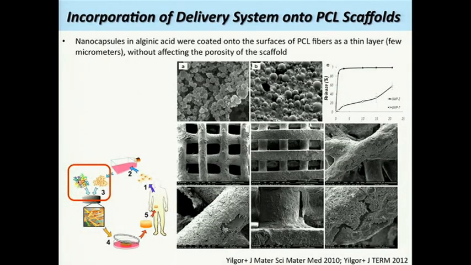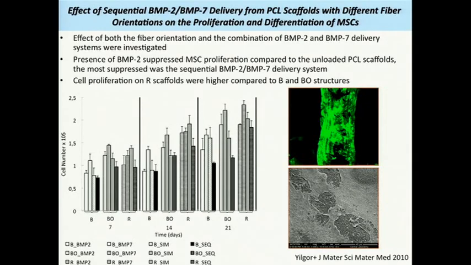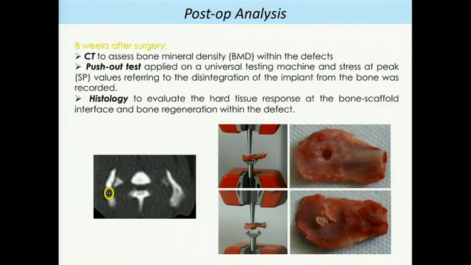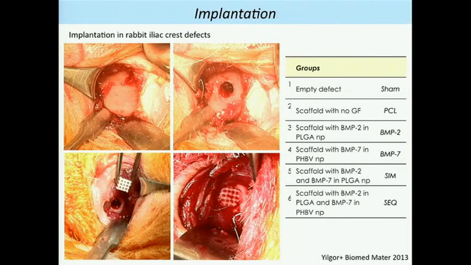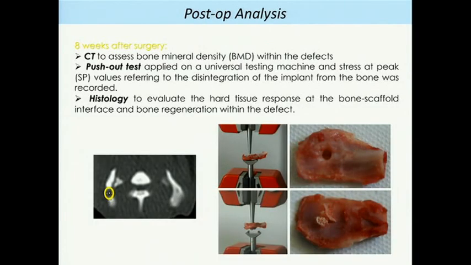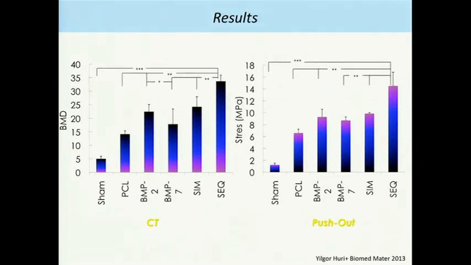We can put growth factor releasing systems on these scaffolds so that they can be functional, and then we can apply these 3D printed scaffolds in rabbit or rat models. We have completed all of these, and hopefully these 3D printed bone pieces will be commercialized soon, so that we can obtain better bone regeneration with these scaffolds.